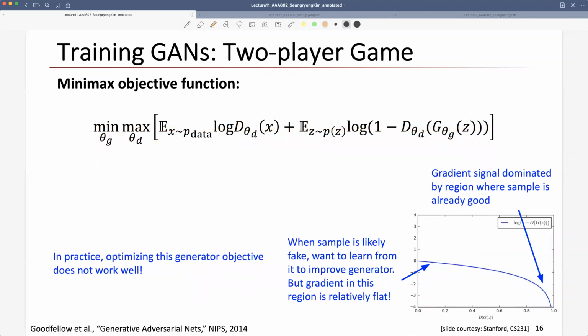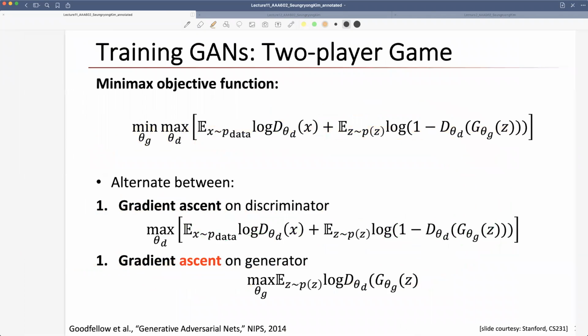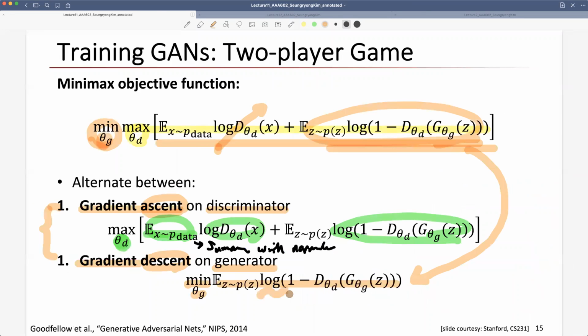Okay, but it was the original optimization problem, but here's the limitation. I mean, here is the hurdle. So, yeah, let me think about this term. Log 1 minus D theta d of G theta g of z.